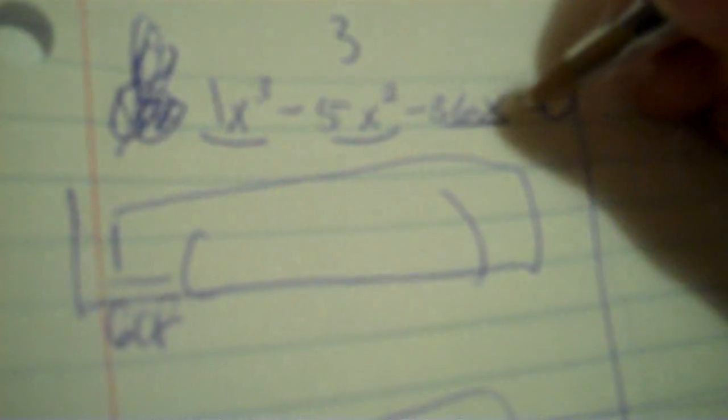Okay, so 1, 5, and 36 would be 1, but the last term does have an x, so we put that. The first number's negative, so my GCF's negative, but it's 1x, so we take that 1x and put it right here. So I can just ignore the rest of it, so it'd be 1x to the second minus 5x minus 36.